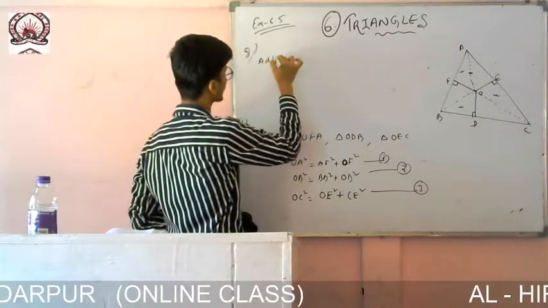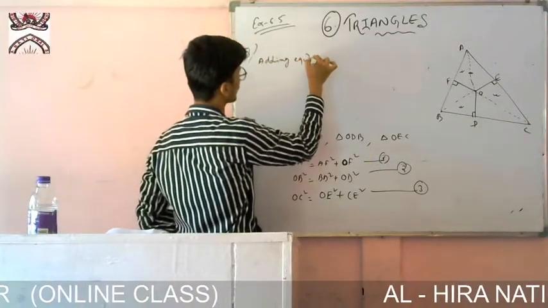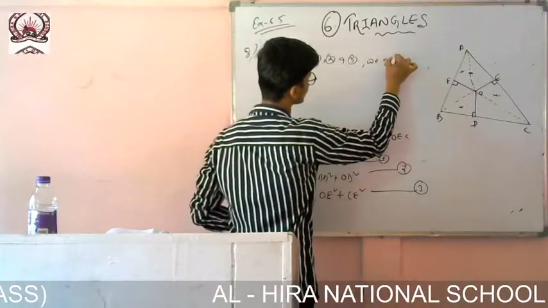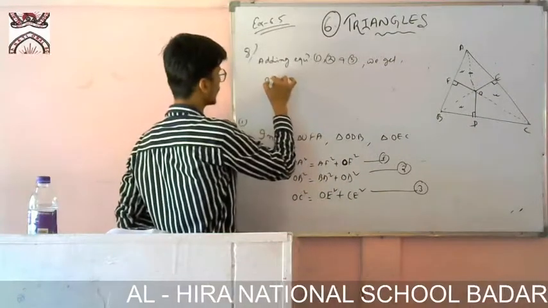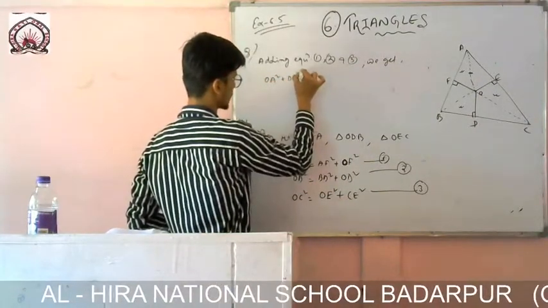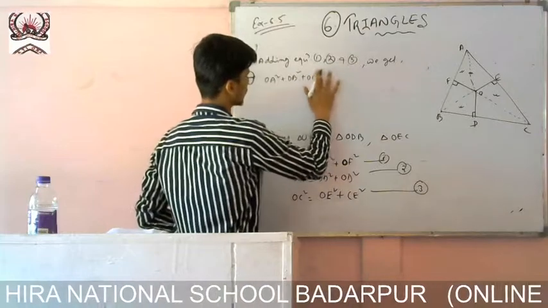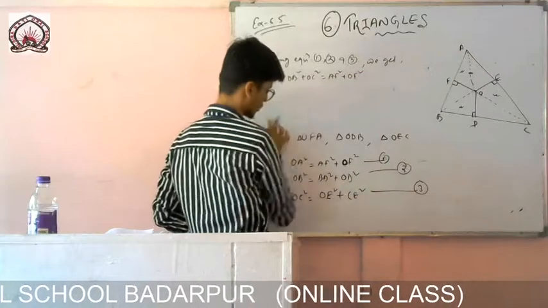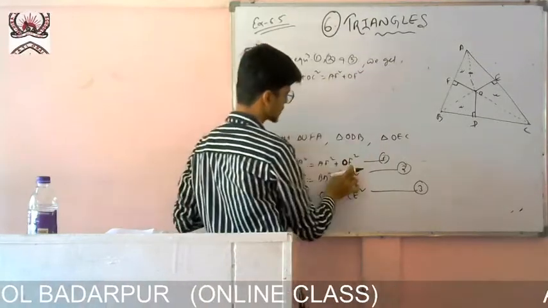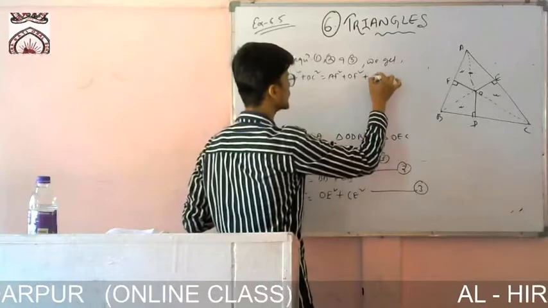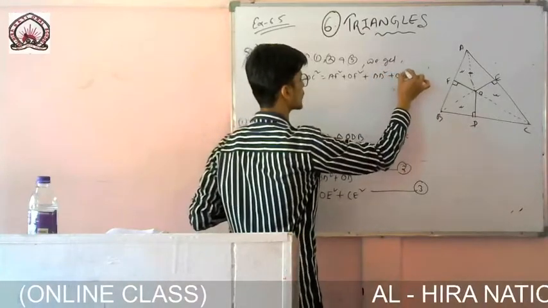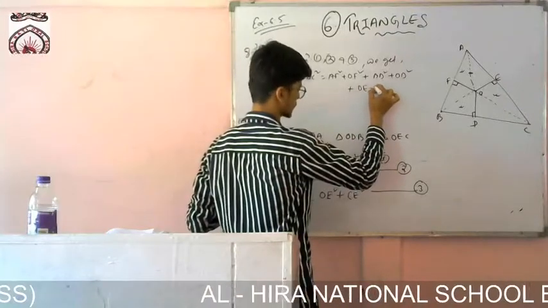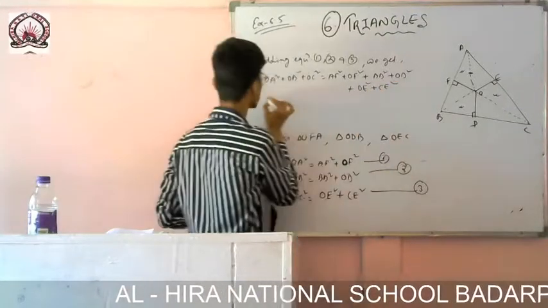Adding equations 1, 2 and 3, we get OA square plus OB square plus OC square is equal to AF square plus OF square plus BD square plus OD square, then plus OE square plus CE square.